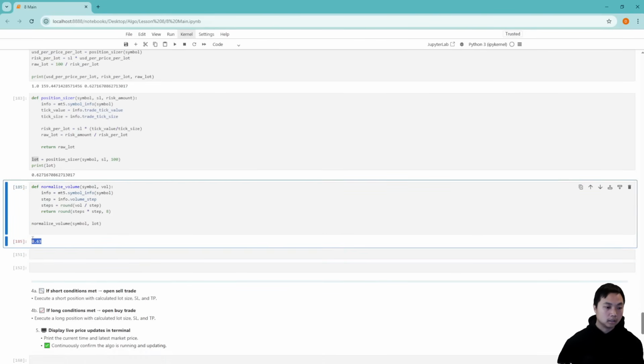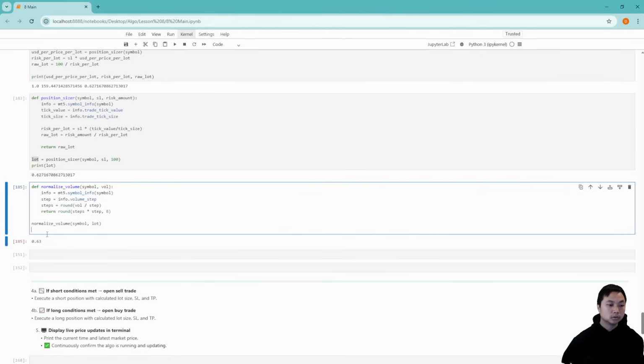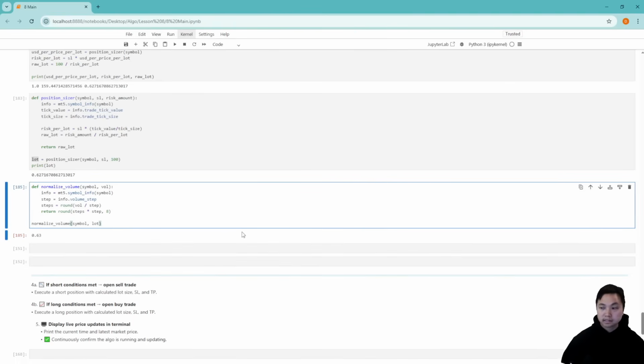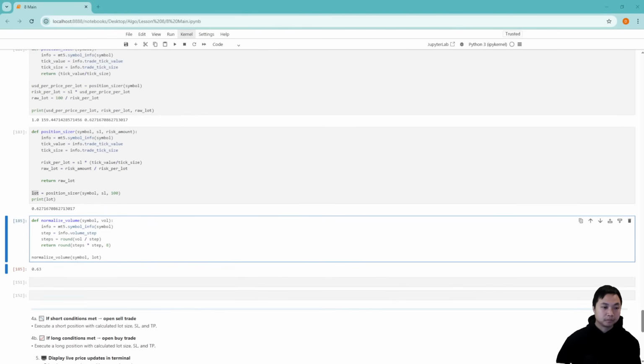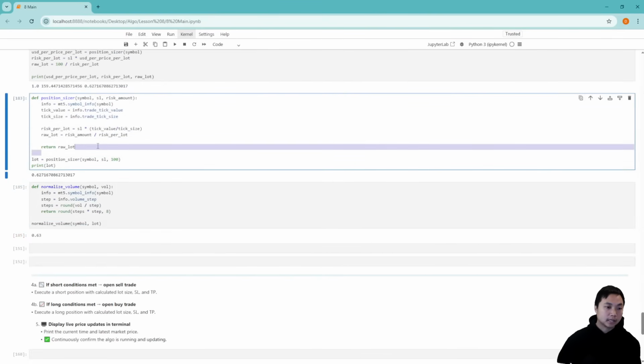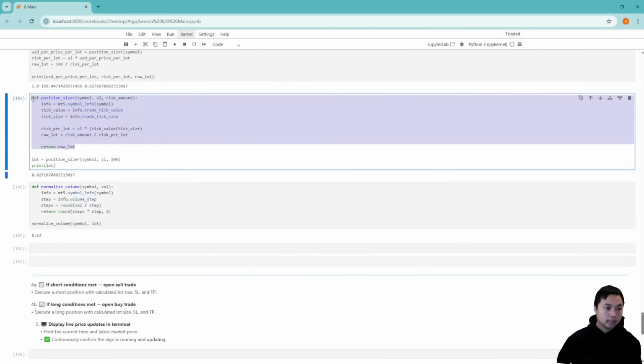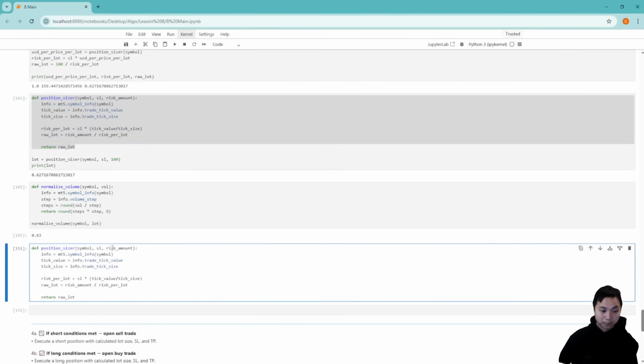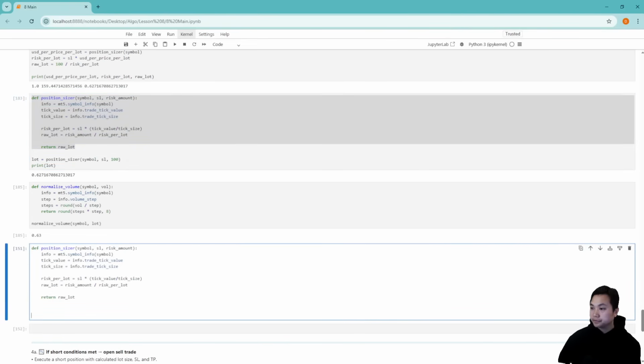Now you can see it just comes to round off to the decimal place according to the step size allowed by the broker. And now we get a lot size that the broker will accept without any error. Now let's integrate both steps into the position sizing, because I don't like to keep too many functions.